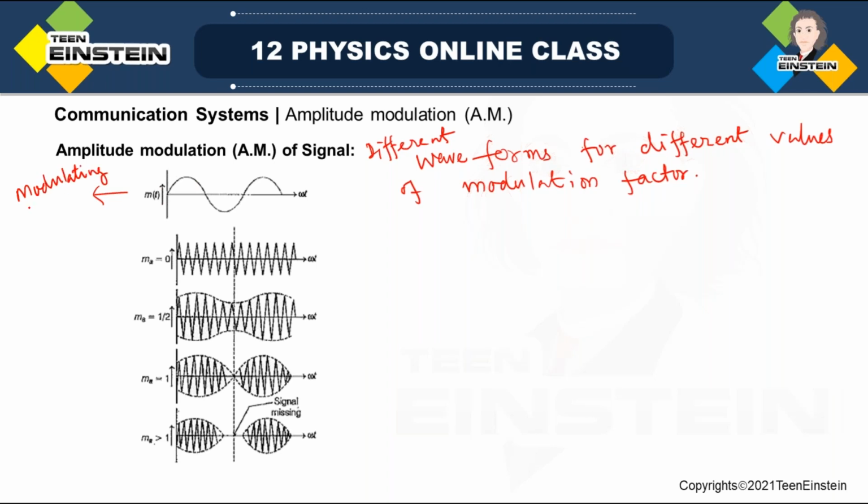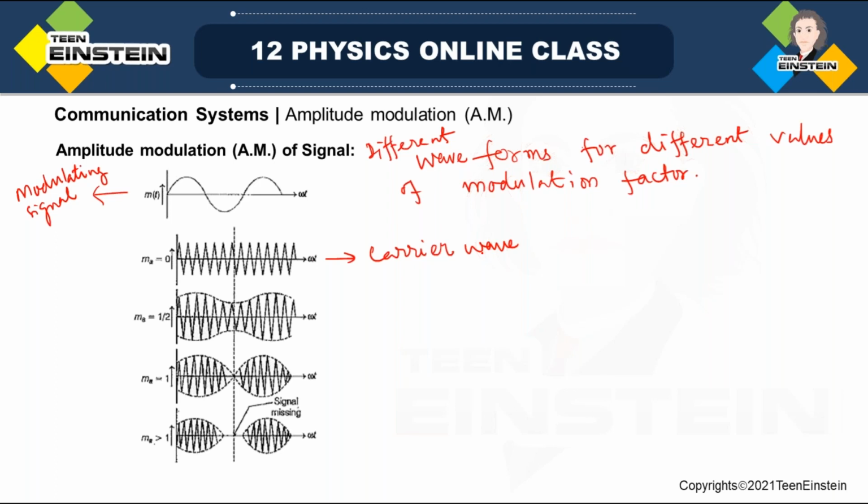Why are we saying modulating signal? Because this signal will modulate or change the amplitude of the carrier. This is the carrier one. Okay, this is the carrier wave.